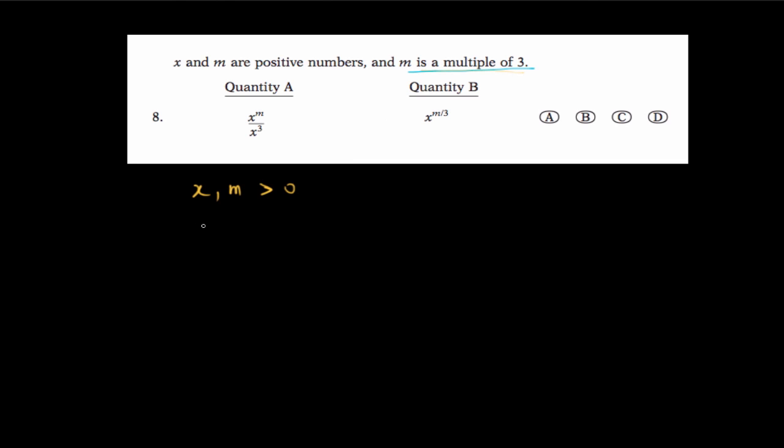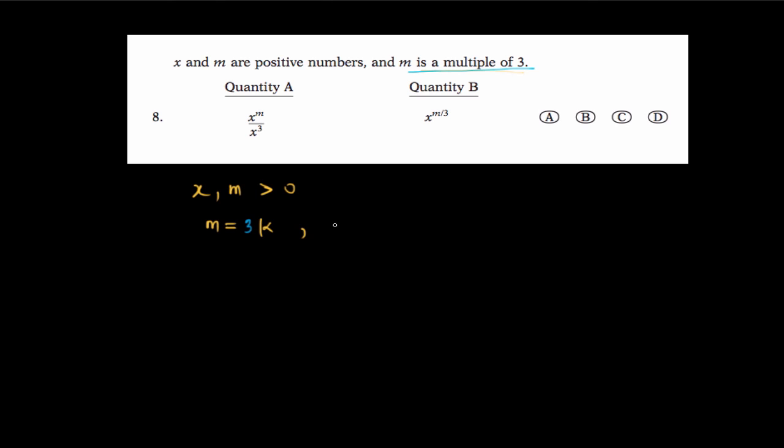So if m is a multiple of 3, it simply implies m equals 3 times a constant, 3 times k. Since m is positive, the constant must not be negative, because positive times negative is going to give you a negative number, so it has to be a positive number.